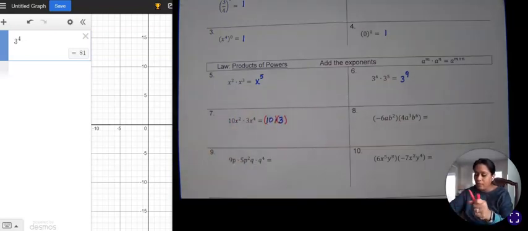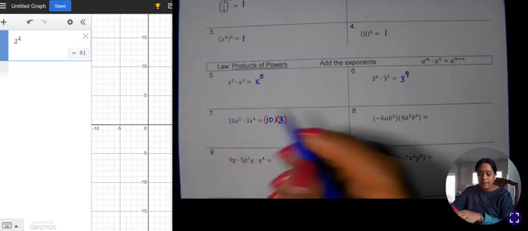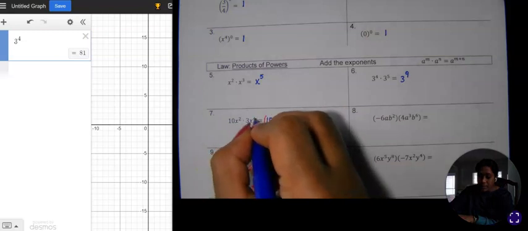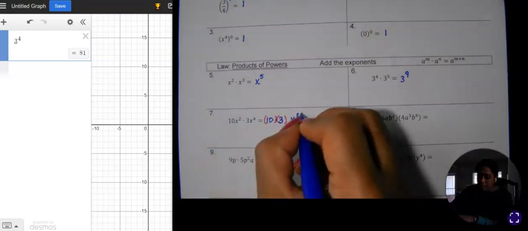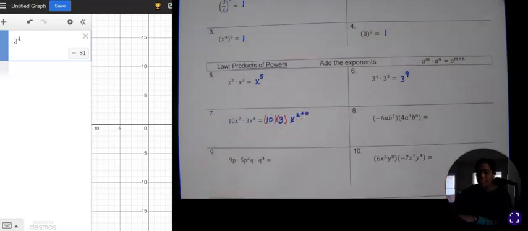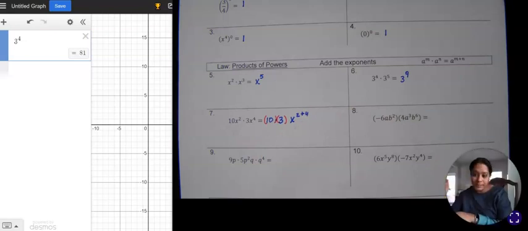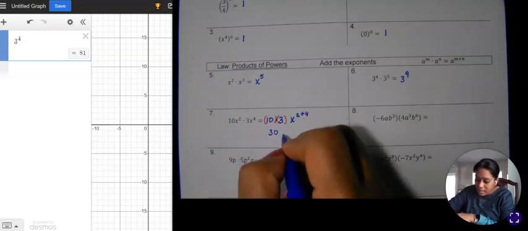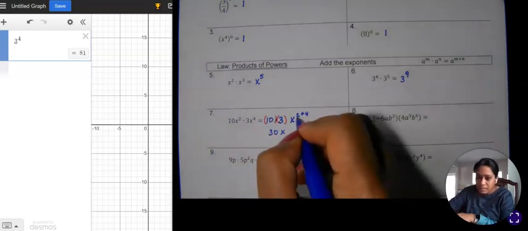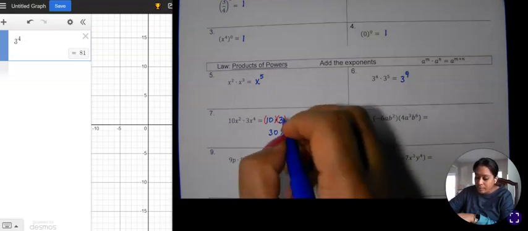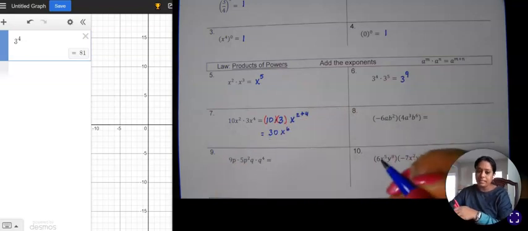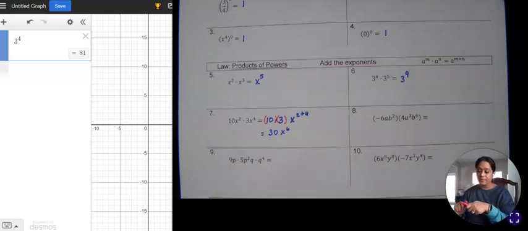And then for the exponents, I'm going to do x, 2 plus 4. So that can get a little confusing, so just keep track of that, all right? So you have here 10 times 3, which is 30, and then you have x, 2 plus 4, which is 6. So that is my final answer. It is being reduced.